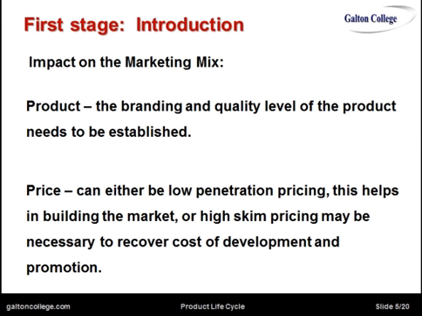Now that could be a way into the market. Later on the price may be increased, but at the early stages that could be one way. Or the other way is to what's known as skim pricing. It may be necessary to recoup, for example, high development costs or high promotion costs.